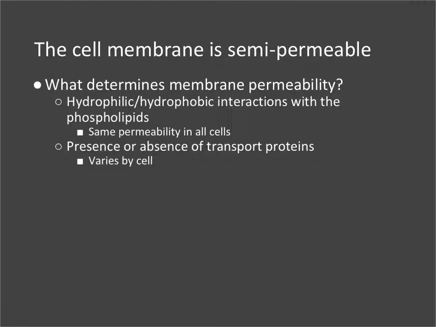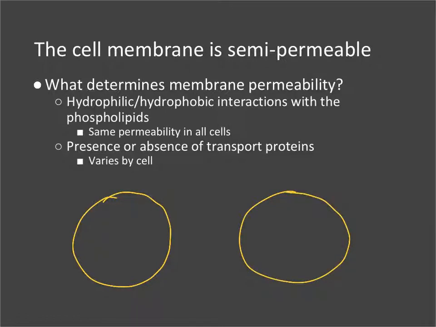We mentioned in the previous slide that different cells have different permeability. And so let's explain how that happens. So first of all, cells have a phospholipid bilayer. So remember, the majority of the cell membrane is made up of these phospholipids.